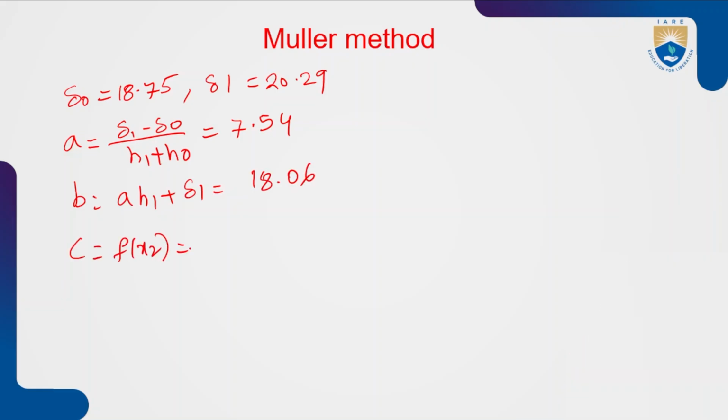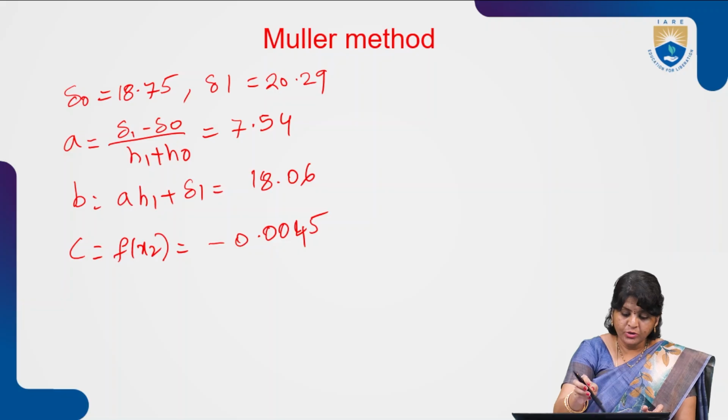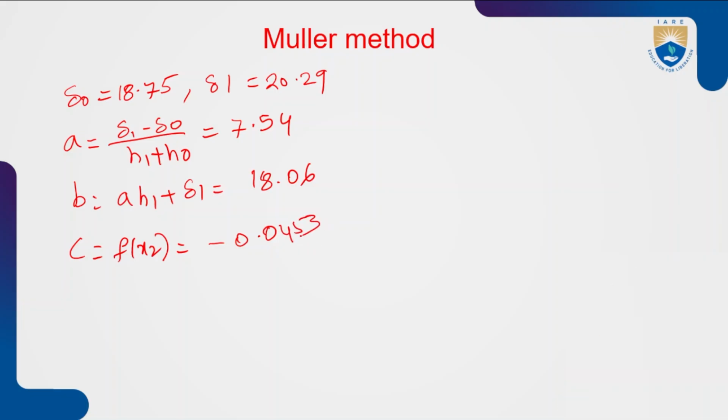Now f of x2 is what? Previously we got minus 0.0453.